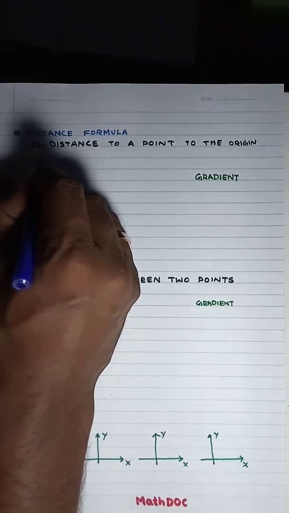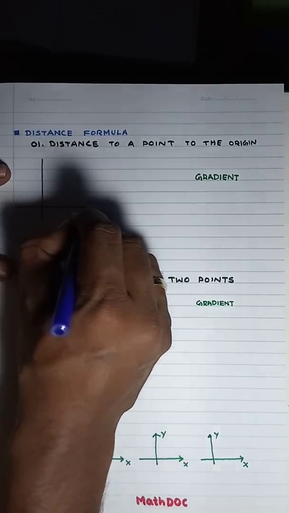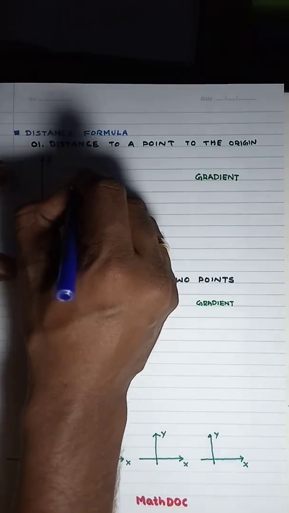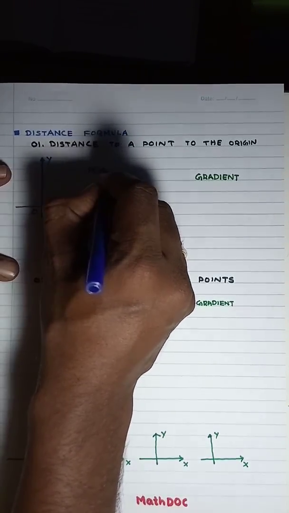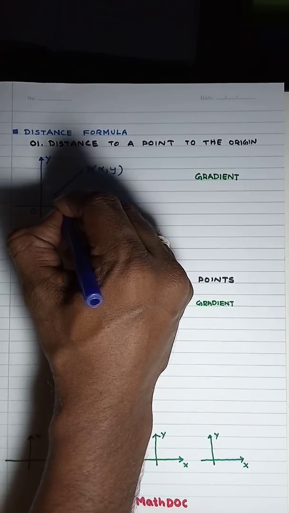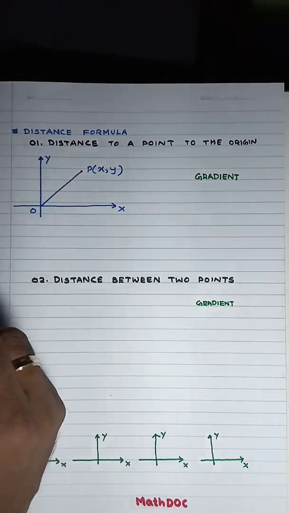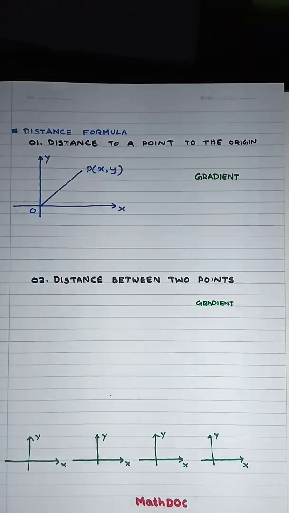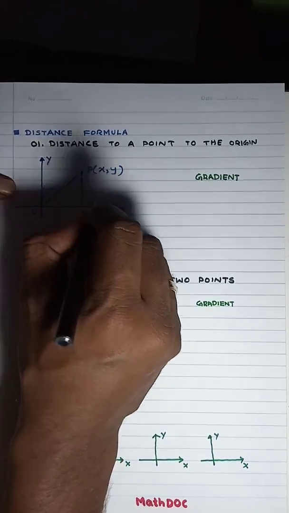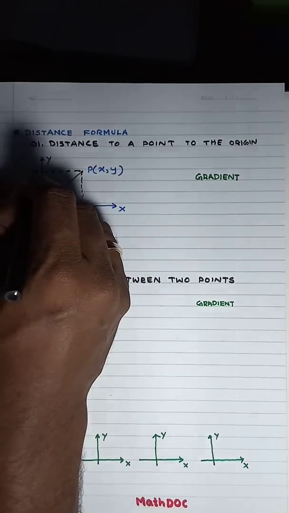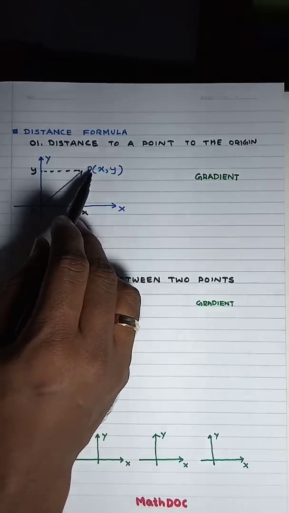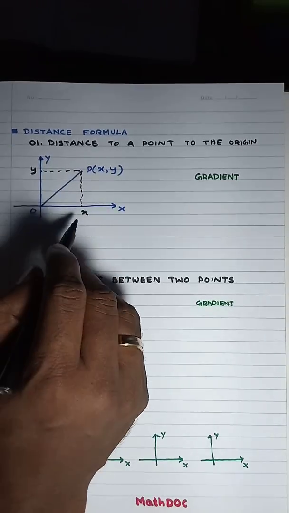First one, consider this diagram. Here the x-axis, the y-axis, the origin, and take this point P with coordinates x, y. Now consider the line segment OP. Therefore the coordinates are x and y, which can be positive or negative because when P varies, x and y can be positive or negative.